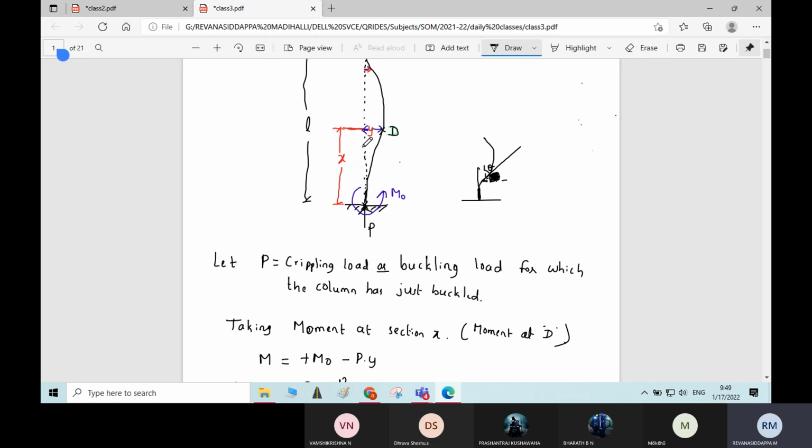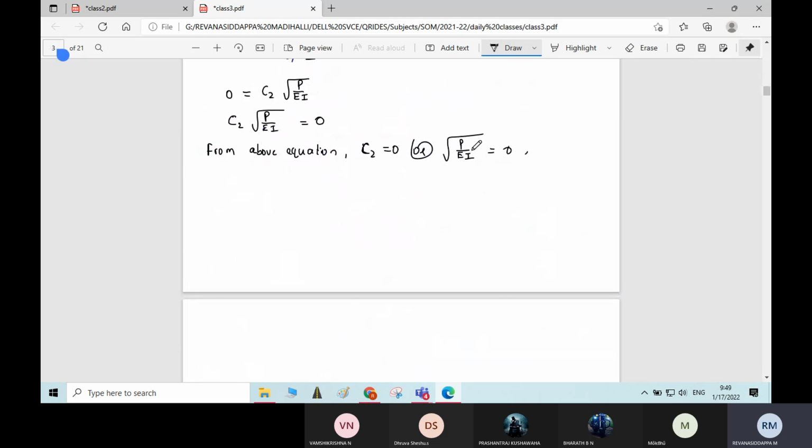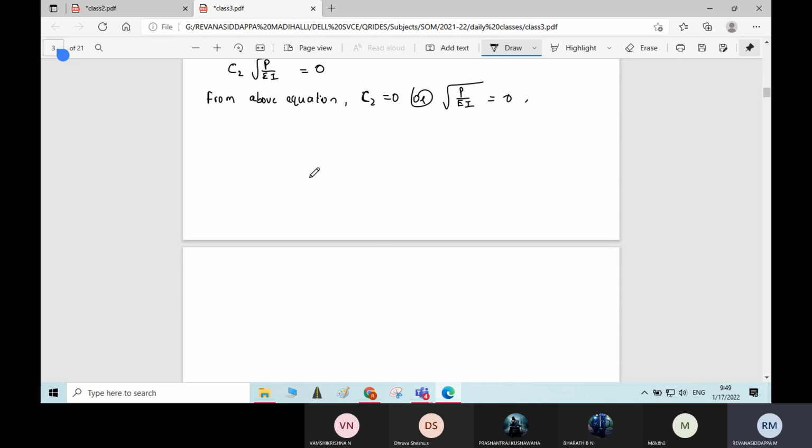E and I are the geometric properties of the column; for any cross section of the column we should have some values for E and I, and there should be some buckling load for the column to buckle. So root P by EI cannot be equal to 0.